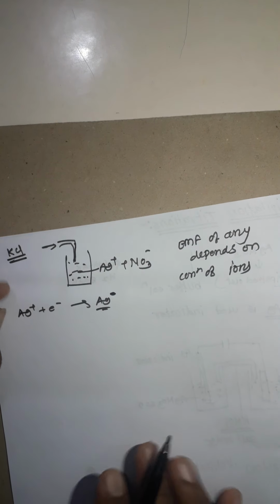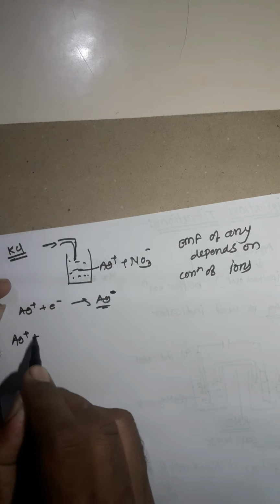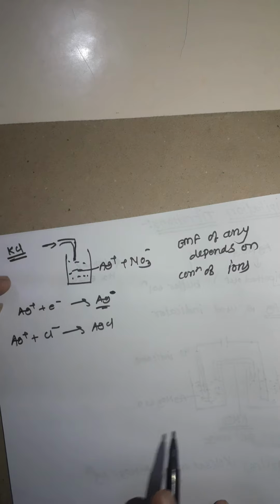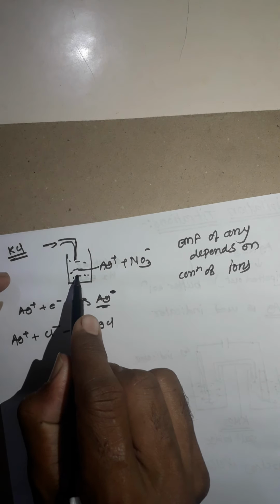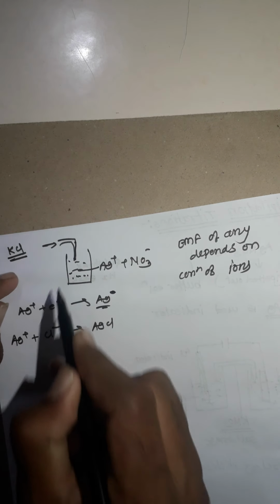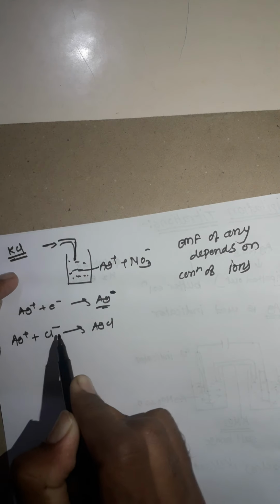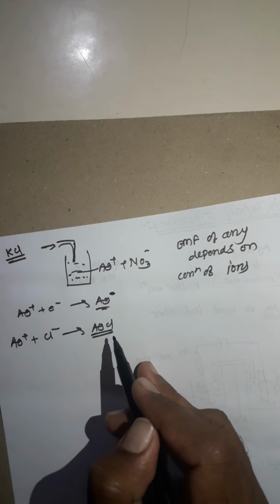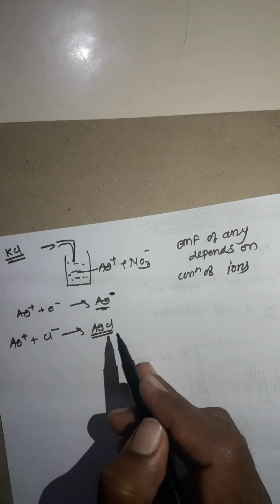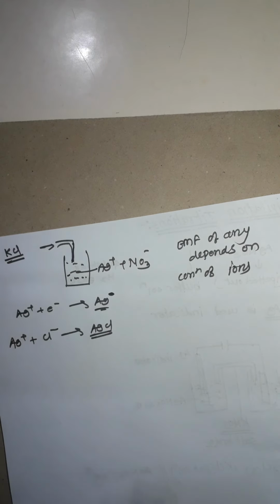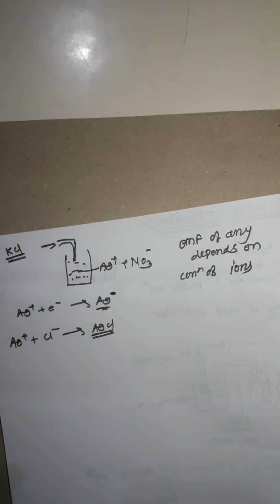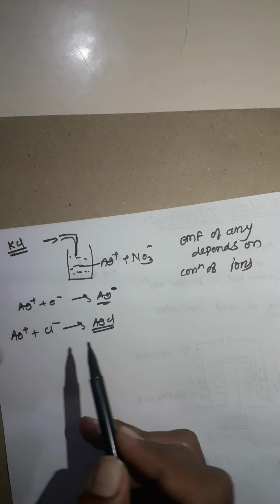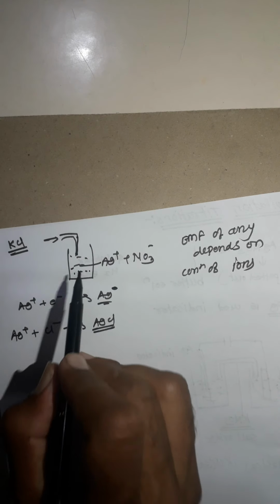Ag plus and Cl minus give AgCl. Whenever KCl is added, the Ag plus and Cl minus ions react with each other to form AgCl, which decreases the Ag plus ions in the solution.